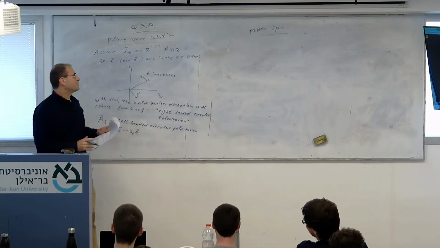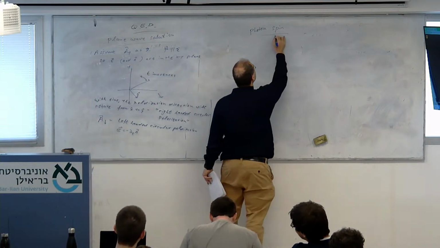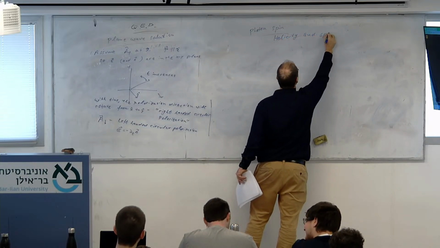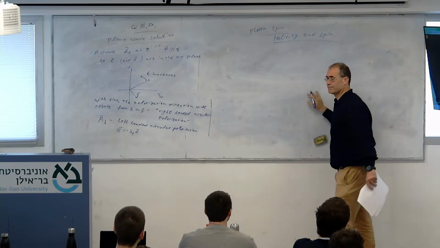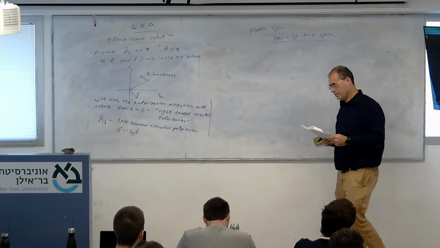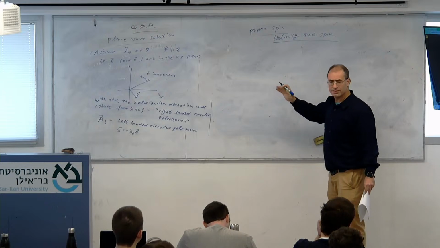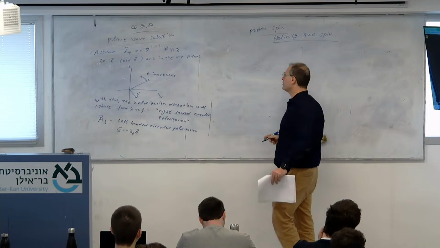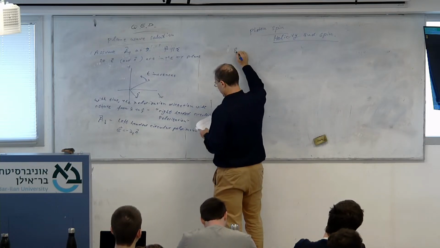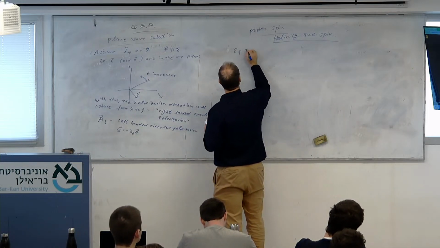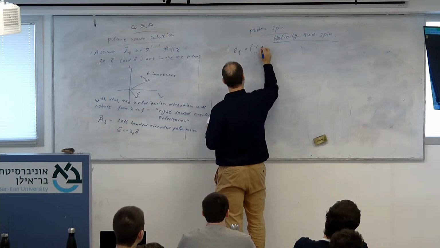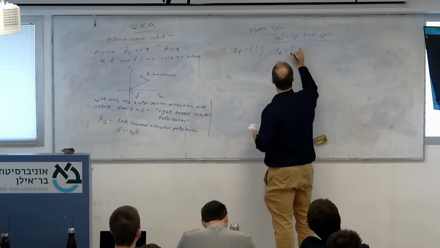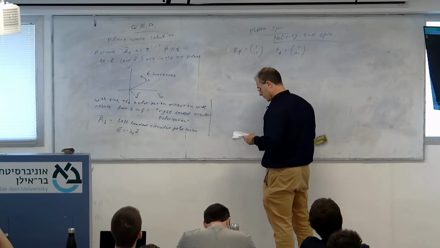Okay, helicity and spin. So, how does this story relate to the spin? We have two polarization states, which we denoted as epsilon up, which is 1 minus i, and epsilon down, which was 1 plus i.